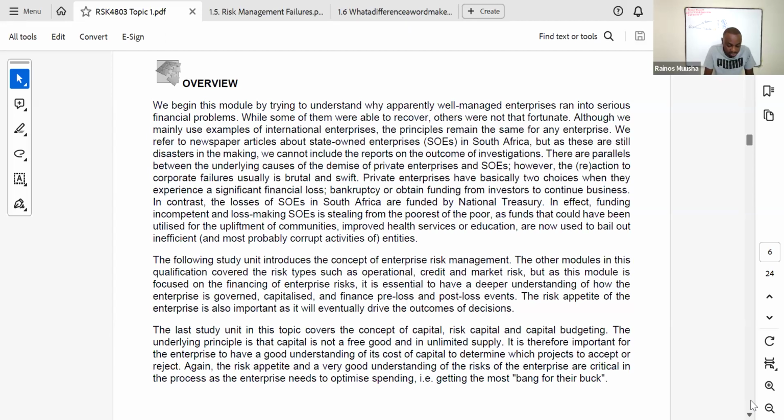So it is important for the enterprise to have a good understanding of its cost of capital to determine which projects are acceptable or rejected. And we're going to look at that in detail when we look at study unit 3, which is also linked to study unit 9.